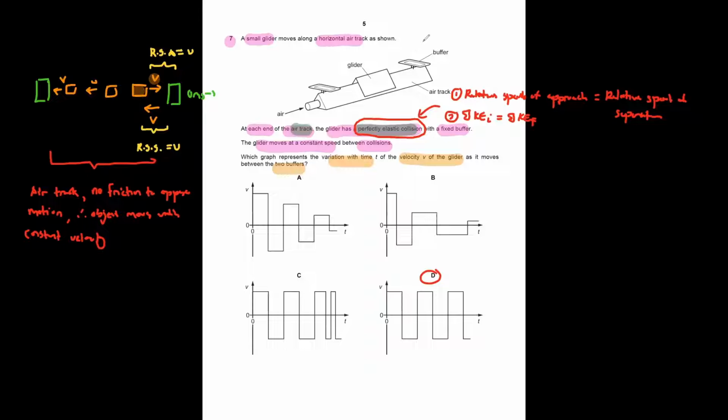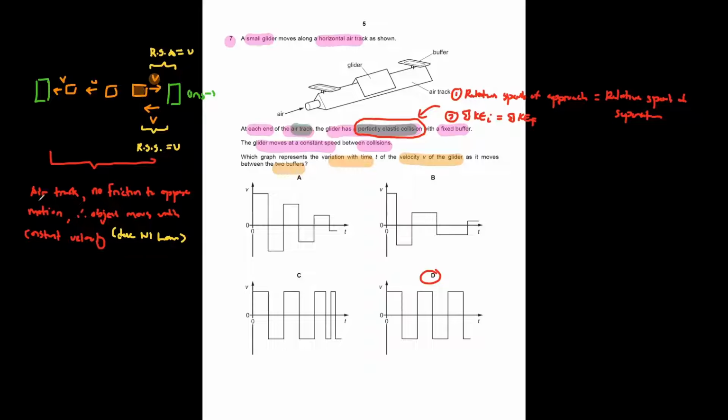You can think of it as due to Newton's first law: an object will travel with constant velocity unless a resultant force acts on it. In your case, it's just an air track, no friction to oppose the motion. The object will just continue moving with constant velocity.